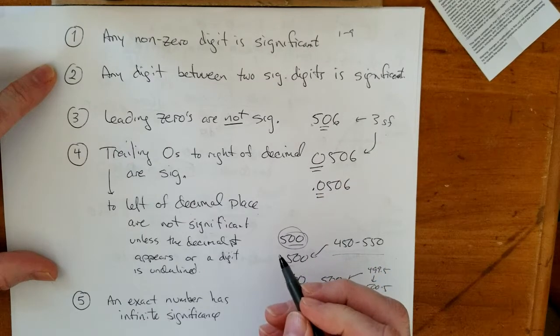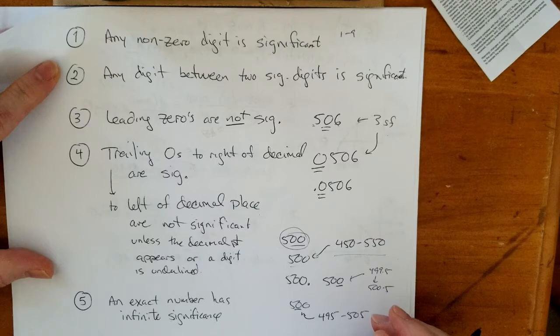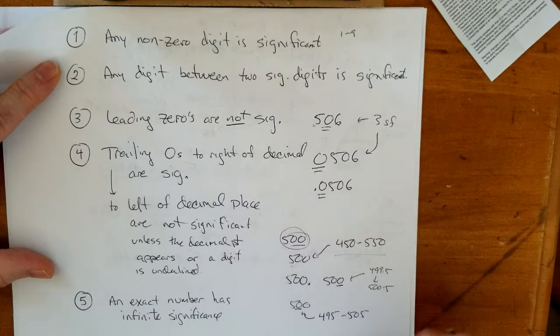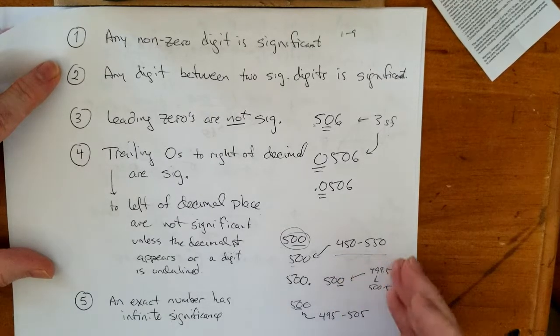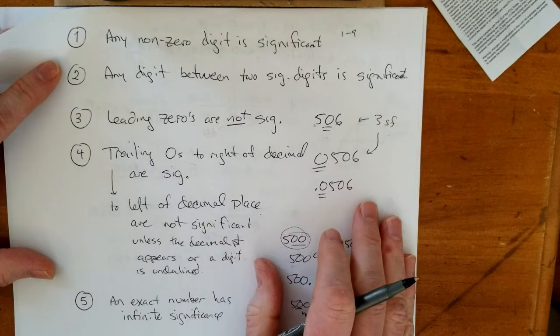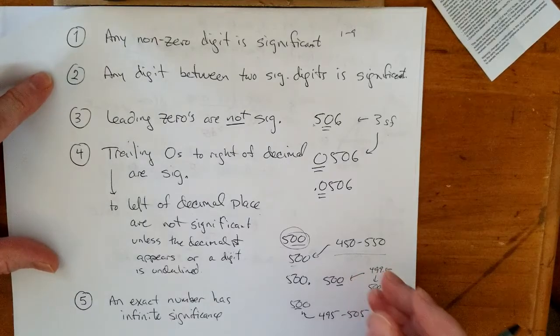It also shows up when you're doing unit conversions, because many times when you're converting from one unit to another, there is an exact conversion. So, for instance, it's exactly 2.54 centimeters in an inch. That is 2.54 exact. That has infinite significance. Not just the 3, because you write down 3 digits.